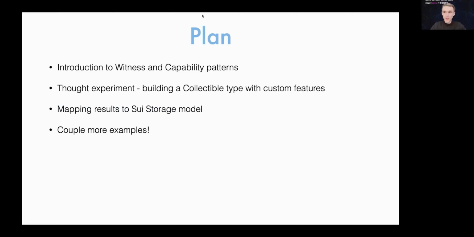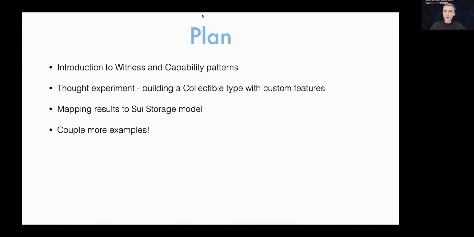So first we'll go through two patterns, which is witness and capability. These two patterns are a base for the authorization and actually proving that you can do something on the type level statically or on the object level dynamically.